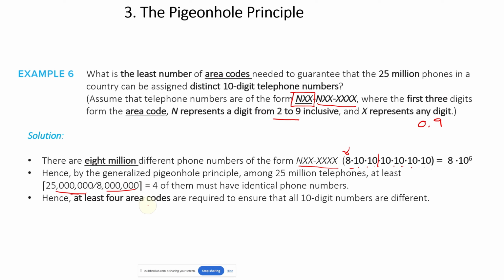So if we have that, they must have identical numbers. So there are 4 area codes required to ensure that these 10-digit numbers are different. That means if we'd like to have 25 million different numbers, we need to have 5 different area codes. So this region is going to have 5 different area codes. So that's the example of usage of this pigeonhole principle.